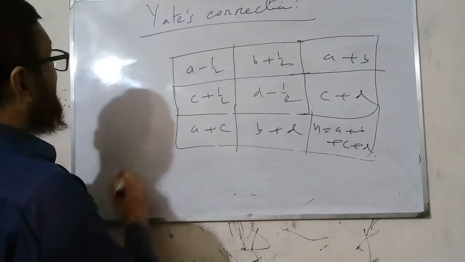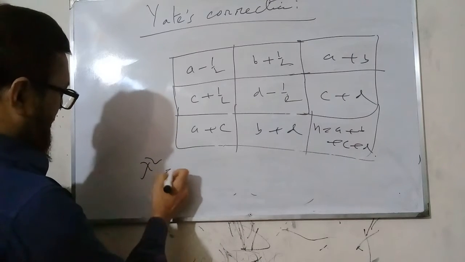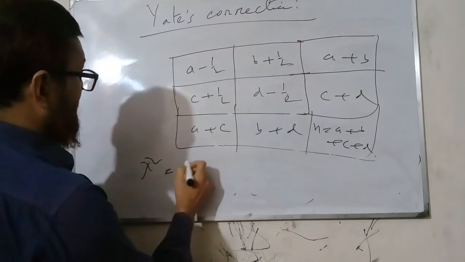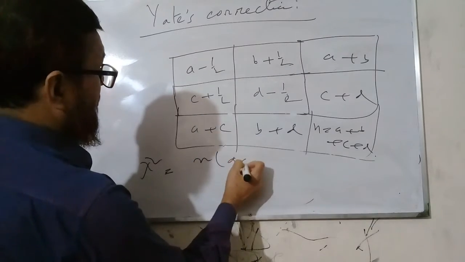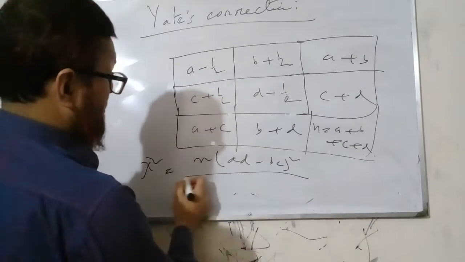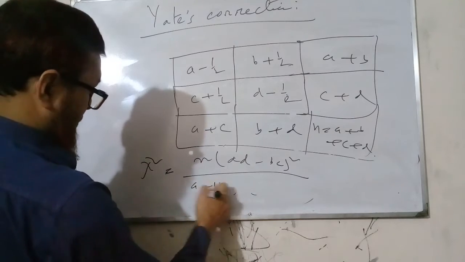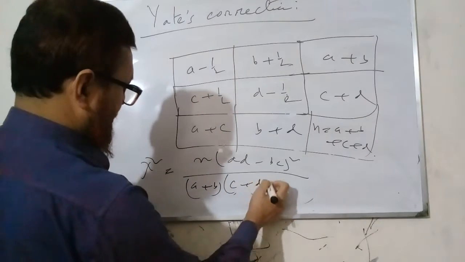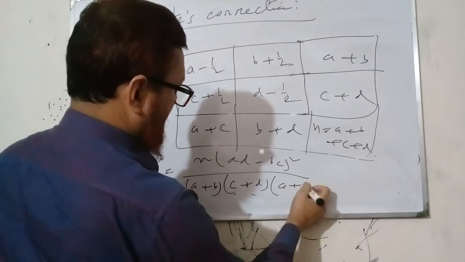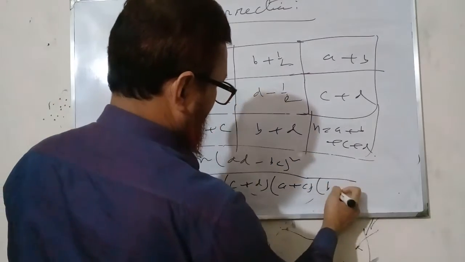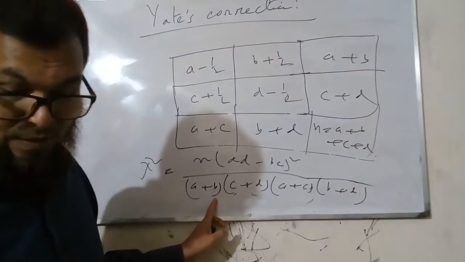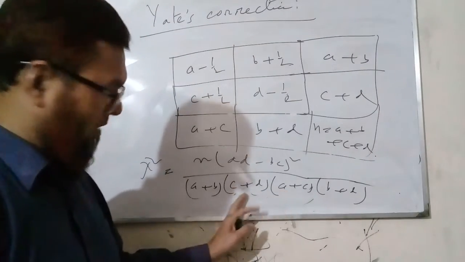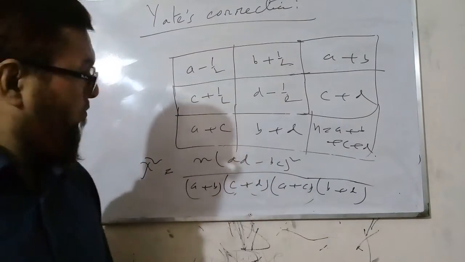We know our formula for chi-square for a 2 by 2 contingency table: N into (AD minus BC) whole square, divided by (A plus B), (C plus D), (A plus C), (B plus D).